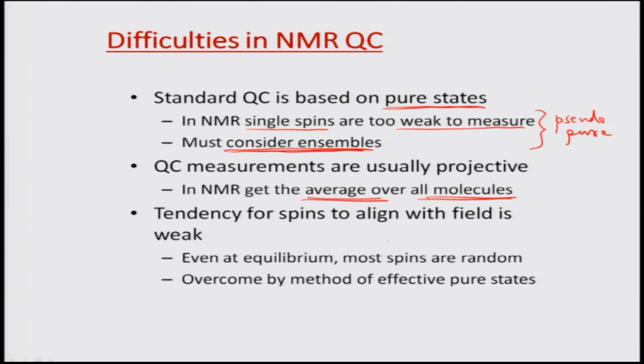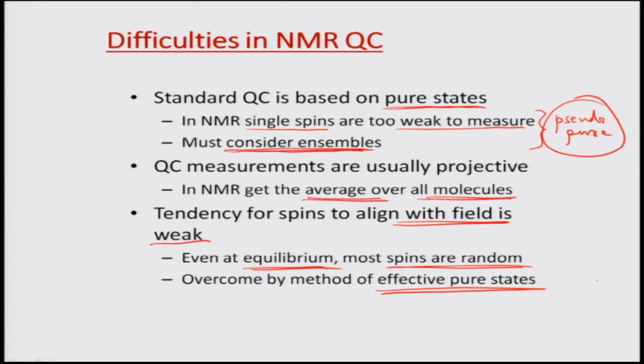There are also a couple of other difficulties. For example, the spin's tendency to align with the field is quite weak, and that is a difficulty, because even at equilibrium most spins are random, and therefore most often we have to talk about effective pure states, which is what the principle of pseudo pure states has been.